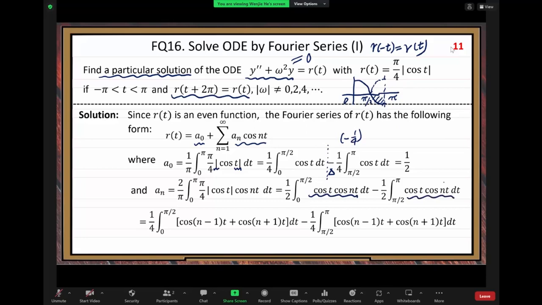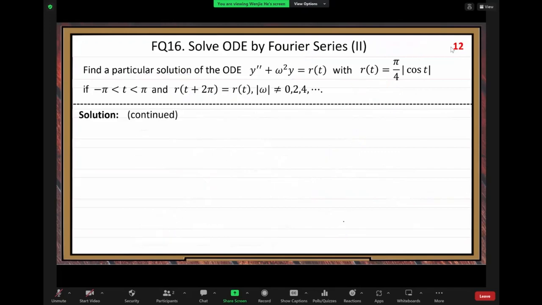We apply that formula, the basic formula. So you can see we get these two expressions. Then we need to consider even and odd, two cases. Their properties are different.